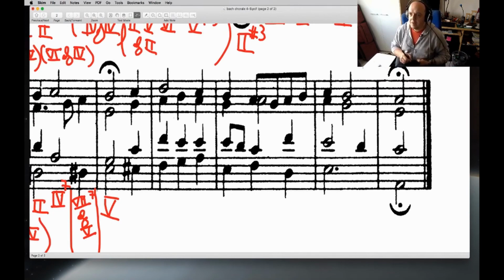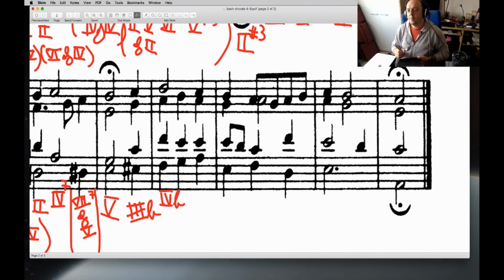Now, what do we have? Okay, that's a C sharp major, so that's 3 chromatic in first inversion. It would suggest functioning as 5 of 6, but does it go to 6? No, that's 4. That's a D major.